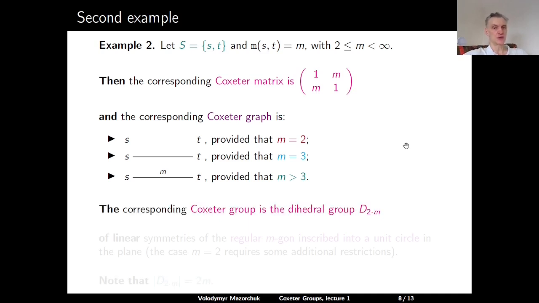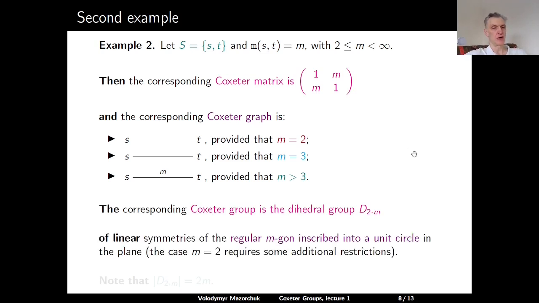So the corresponding Coxeter group is the dihedral group D2M of all linear symmetries of the regular M-gon inscribed into a unit circle in the plane. So the case M equal to 2 requires some additional restrictions, because then the M-gon is a 2-gon, which is not a two-dimensional picture.